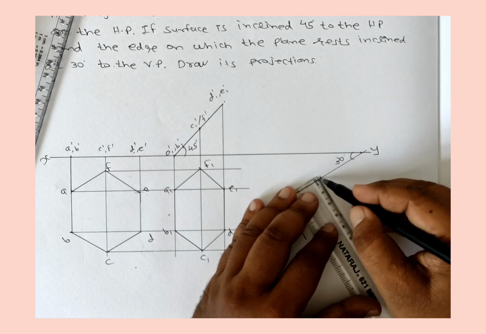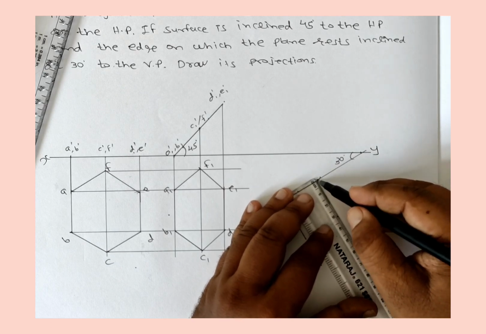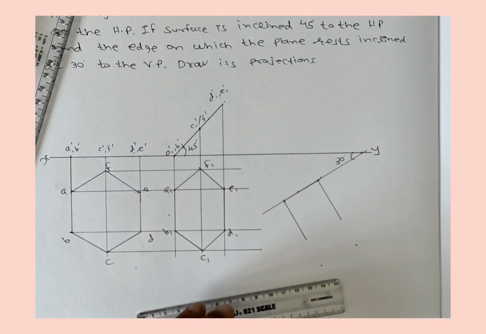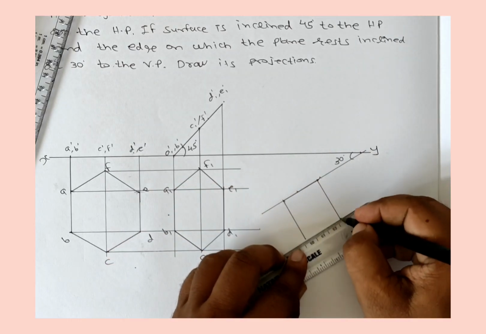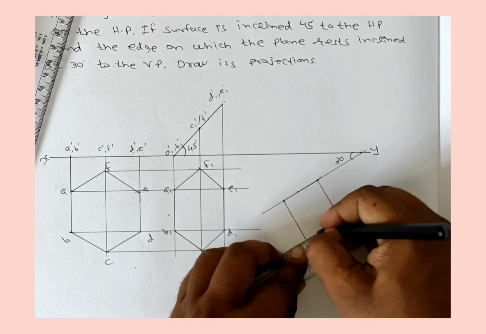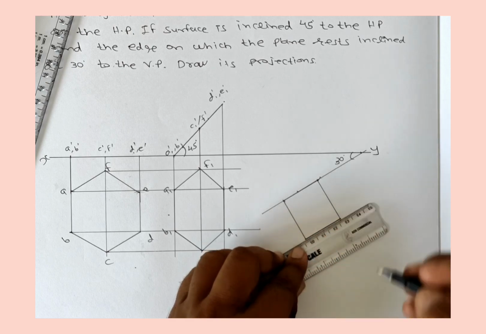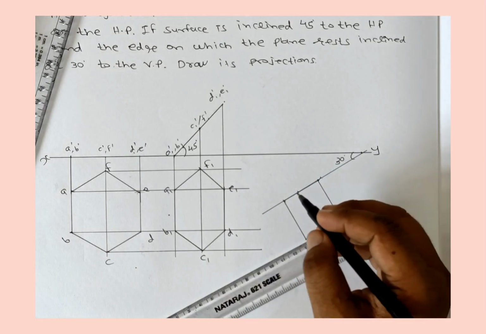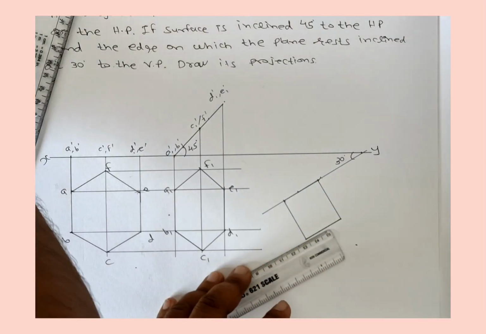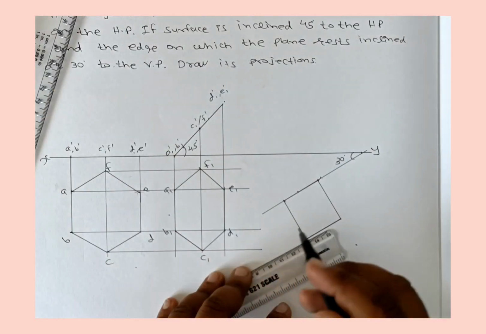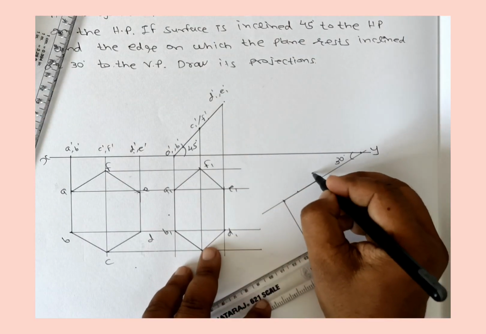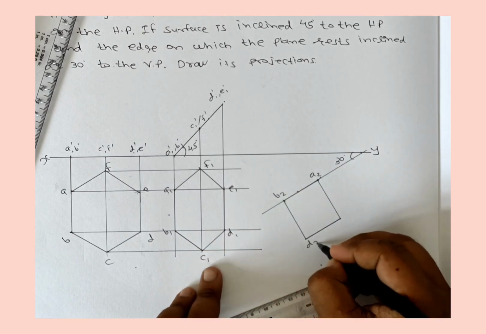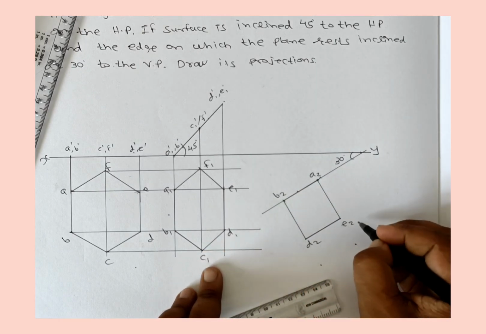This is also 38 mm. Now you can join. So students, here we can see this is A, so you can write down A2, B2, and this is D2 and this is E2.